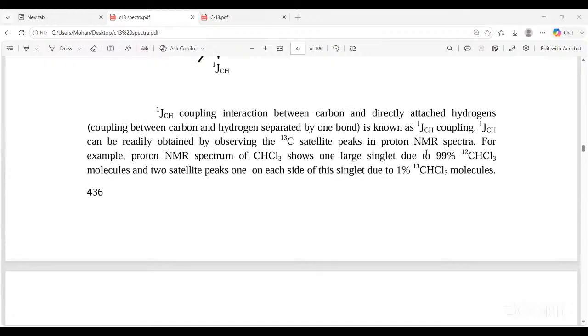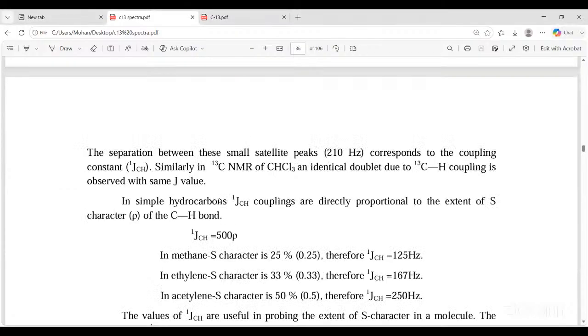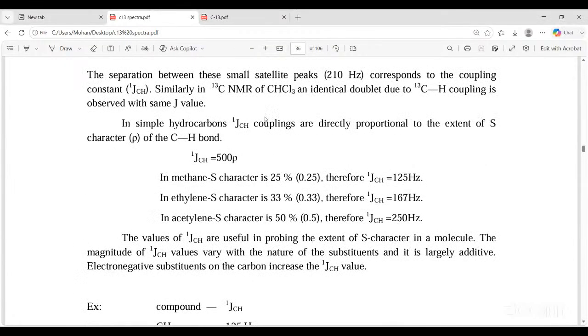And here, the one bond coupling depends on the S character. So the coupling constant J. What is J generally here? The coupling constant is nothing but the separation. J is nothing but the signal separation, right?